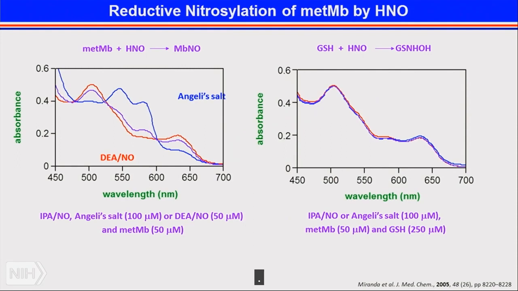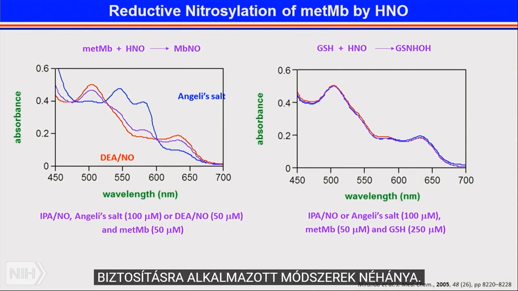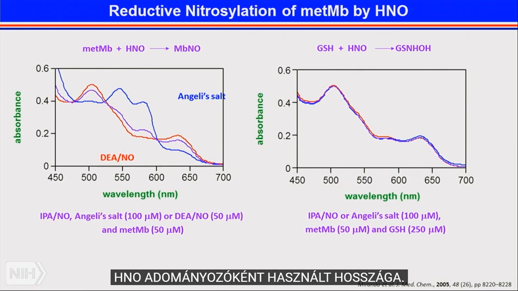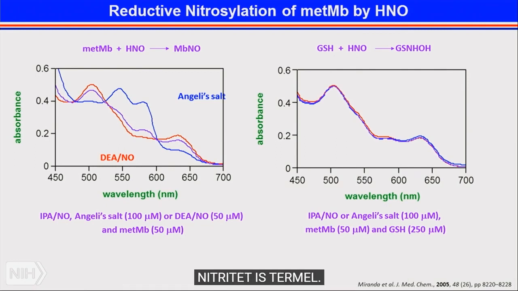So as I mentioned, one of the limiting factors in the chemical biology of HNO is the detection. So these are some of the methods which are used for detection. Angeli's salt has been used as an HNO donor for a long time. It is a pure donor of HNO, but it also produces nitrite as a side product. So this is a metmyoglobin assay, which is shown here in this red trace.